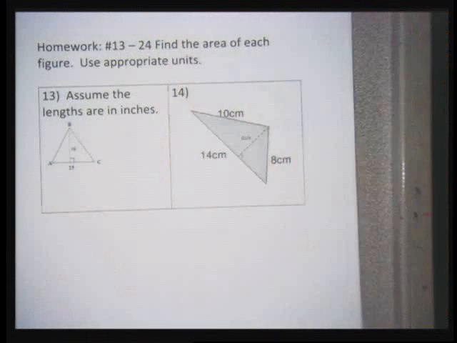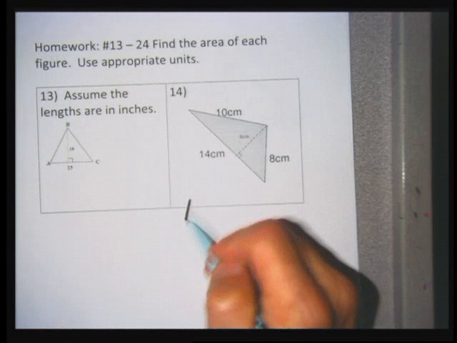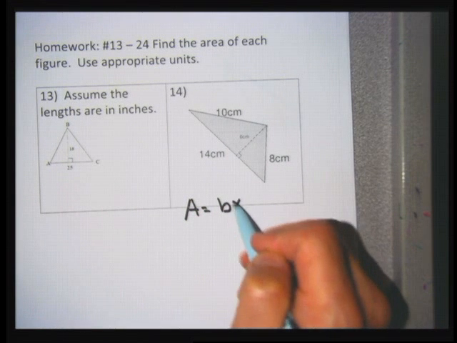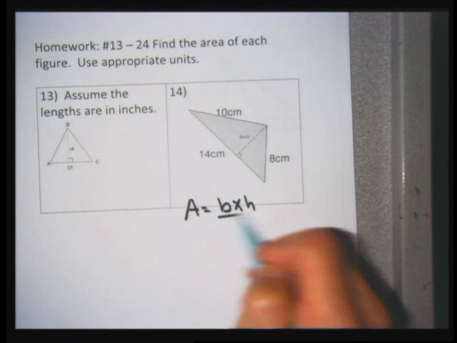Homework problems. Find the area of a triangle. The formula for the area of a triangle is area equals base times height over 2.